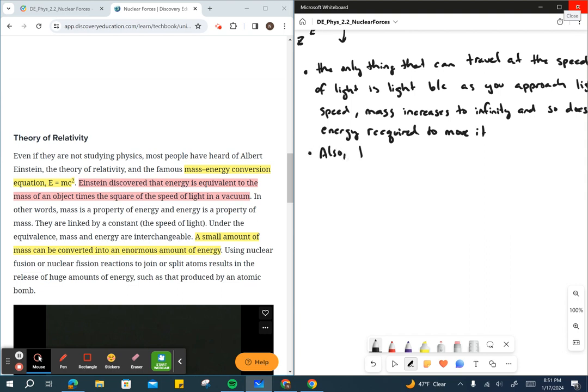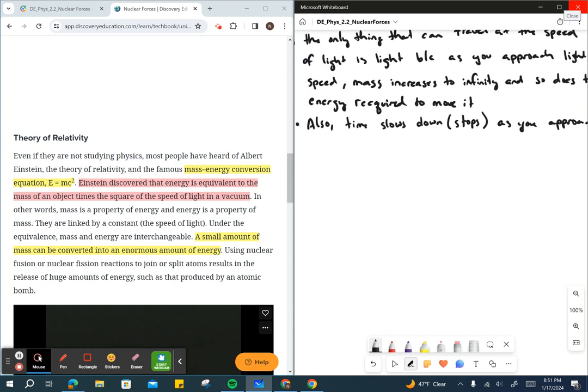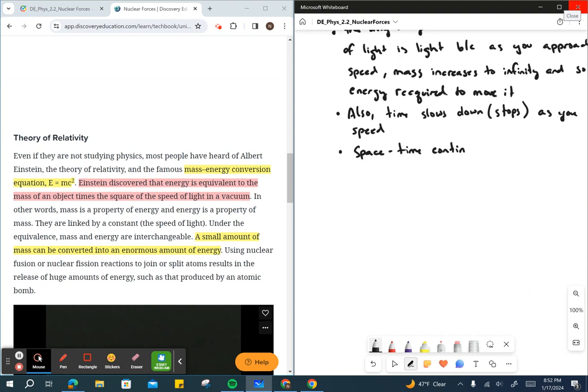Also, time slows down, ultimately stops as you approach light speed. He also suggested the idea of a space-time continuum.